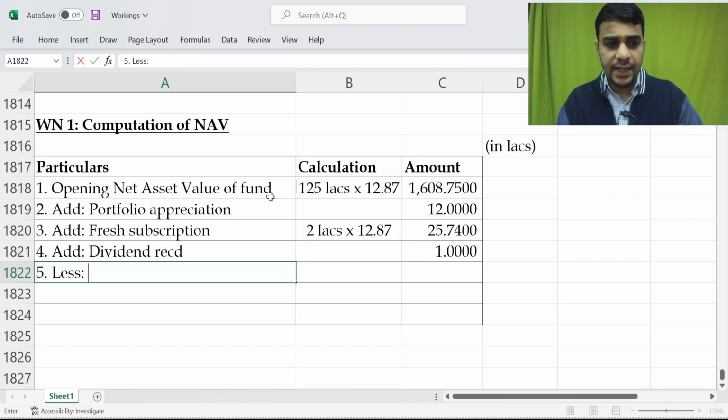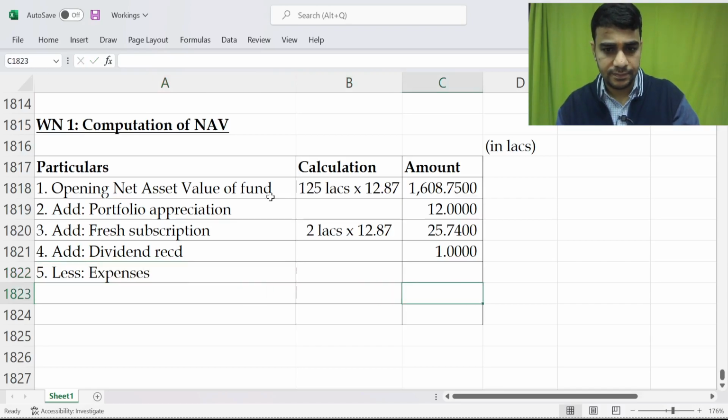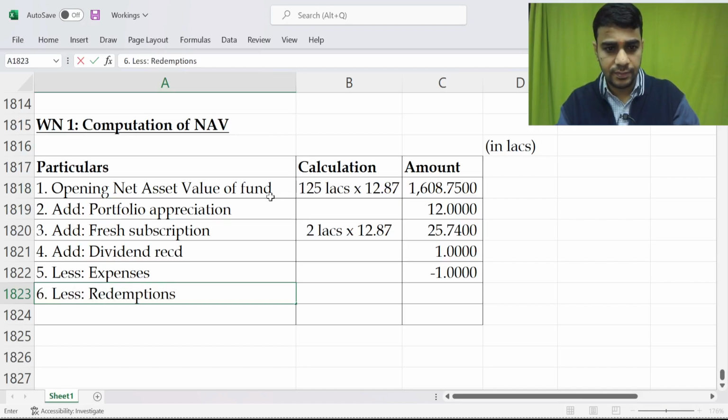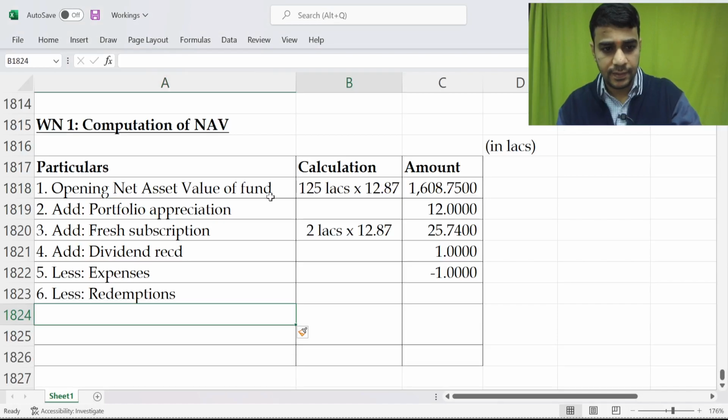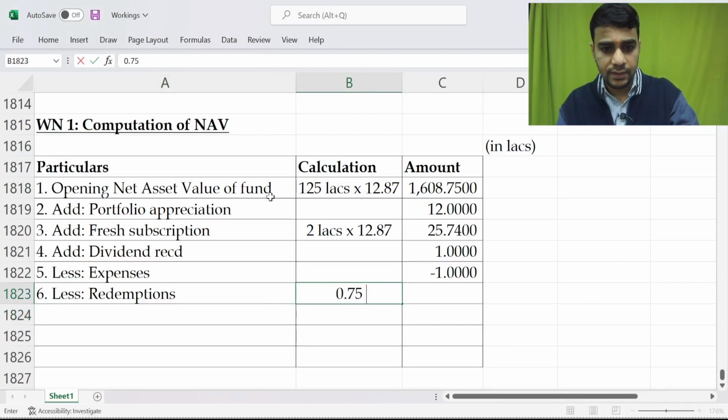Less any item which is going to decrease the net worth. Sorry, expenses. Less redemption. How many units redeemed? Point 75 into 12.87.